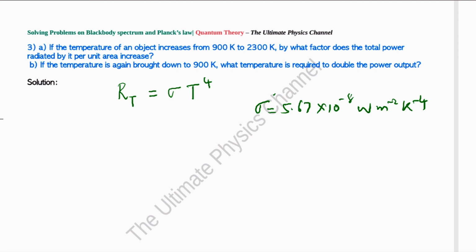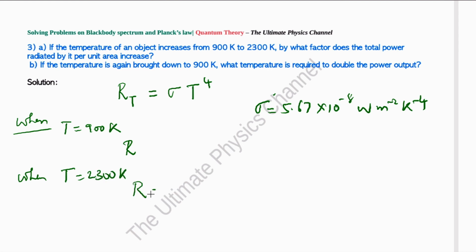And now using this one can easily calculate, when the temperature is 900 Kelvin, which is the initial temperature, T is equal to 900 Kelvin, what is the R value? Similarly, using this formula one can calculate when the temperature is 2300 Kelvin, what is the R value?